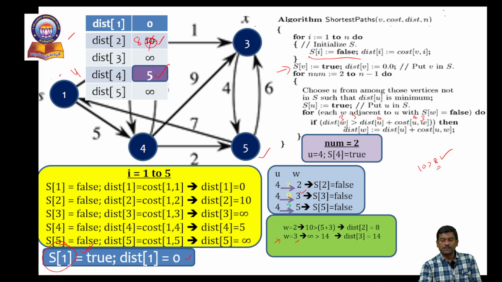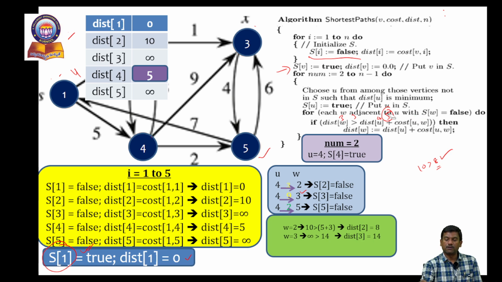So what is this distance of 3? Distance of 3 is equal to infinity. Is infinity greater than the distance of u, that is distance of 4? What is distance of 4? That is 5. Distance of 4 is equal to 5 plus cost of u comma w. What is cost of u comma w? That is cost of 4 comma 3. What is 4 to 3? So cost of 4 to 3 is equal to 9.